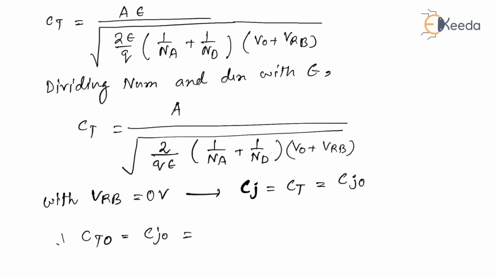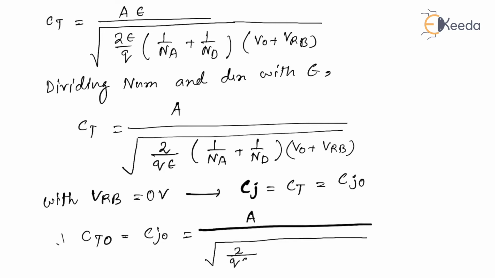If we apply VRB equals 0, then its value will be A by root over 2 by q epsilon, 1 by Na plus 1 by Nd, and only V0, in farad.